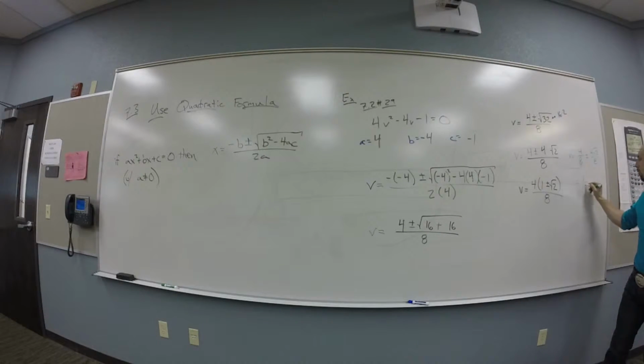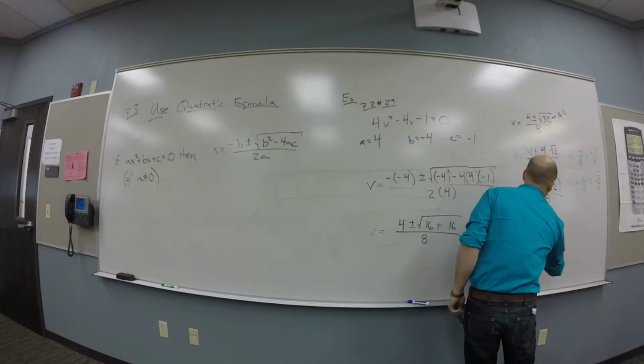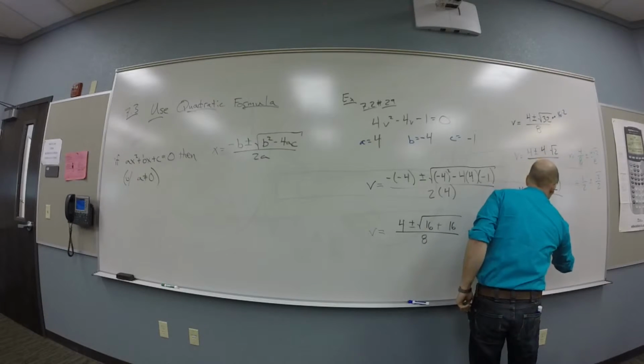So I'll have 1 over 2 plus or minus, and here I can cancel a 4. So I'll be left with root 2 over 2. You guys all see that? That's the same thing you'll get here. Right here, if I cancel, I'll get 1 plus or minus root 2 over 2.